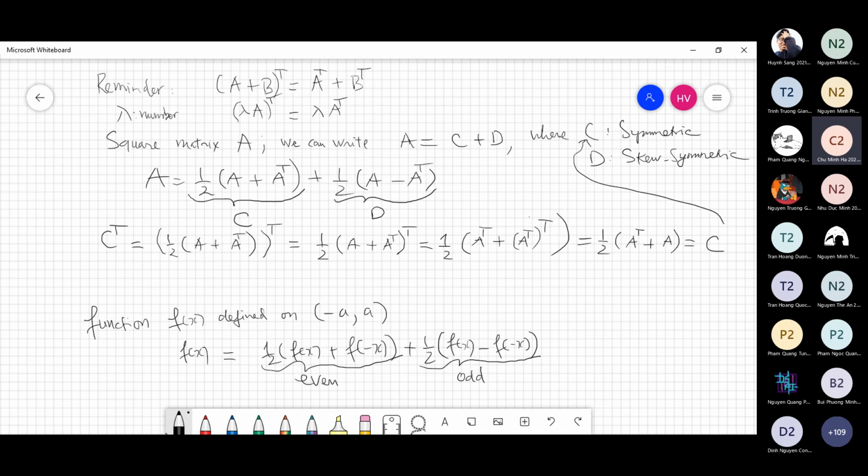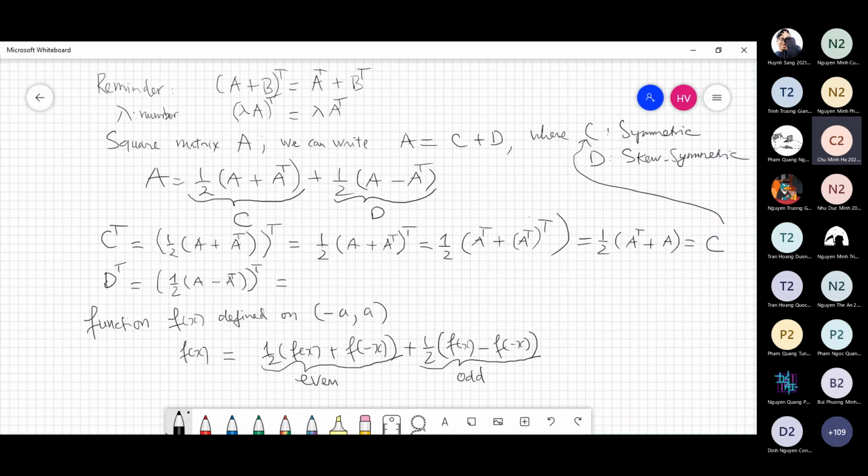But now let's consider D. And we have to prove that DT equals minus D. So let's compute the transposition of D. So we have 1/2 A minus AT, and then all of them take the transposition.